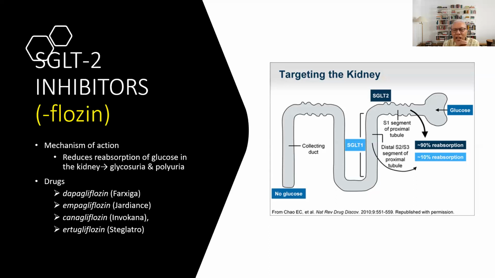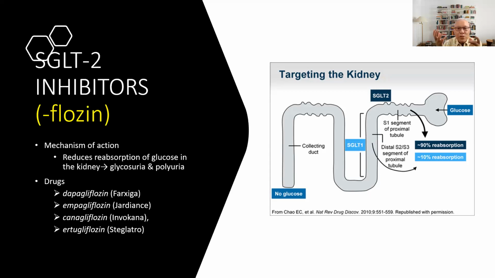Now, SGLT2 inhibitors travel to the proximal convoluted tubules in the kidneys. So they go into the proximal convoluted tubules where they block the sodium glucose transporter, or SGLT2.